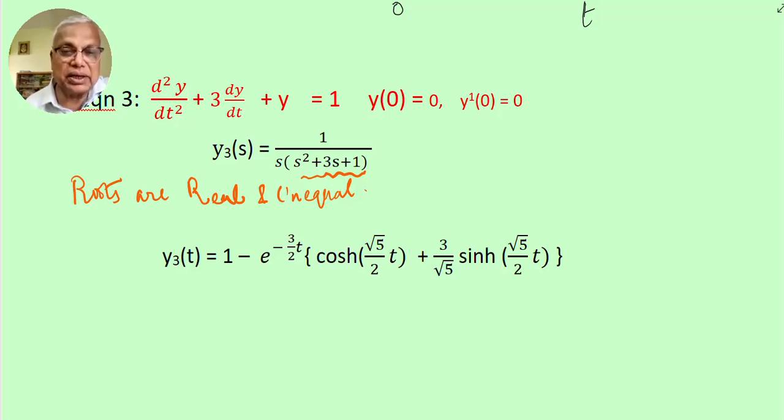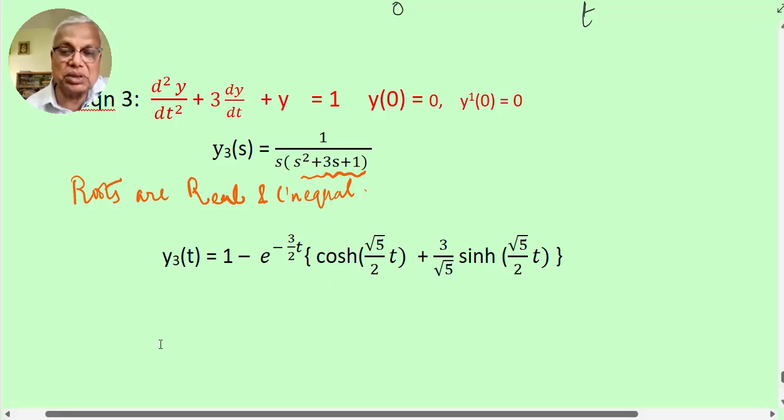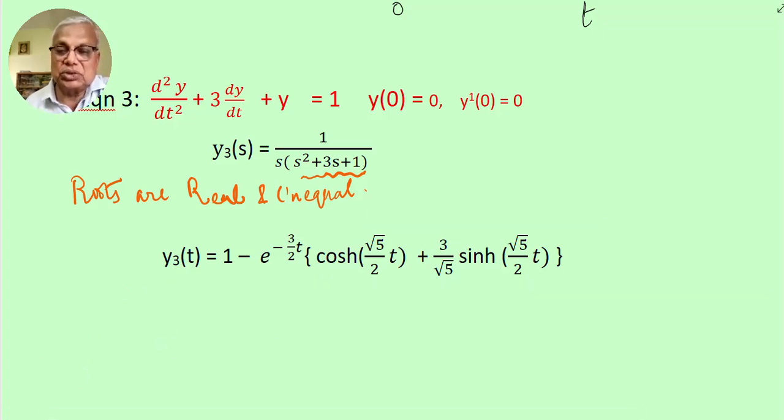But still the real part will be a negative number. The real part of the root will be negative. So like in the previous case, real and unequal roots will lie on the left half of the complex plane, because the real part of the roots is a negative number.